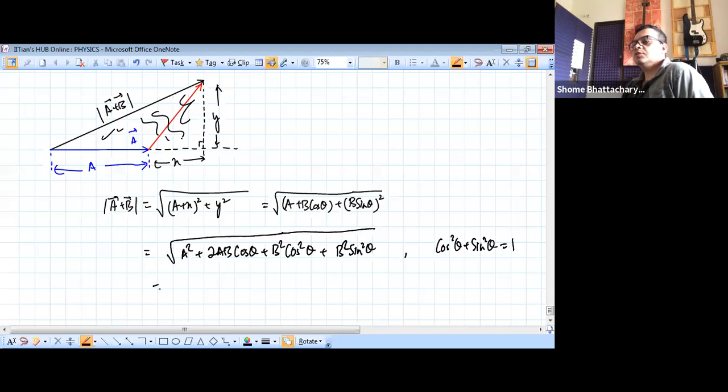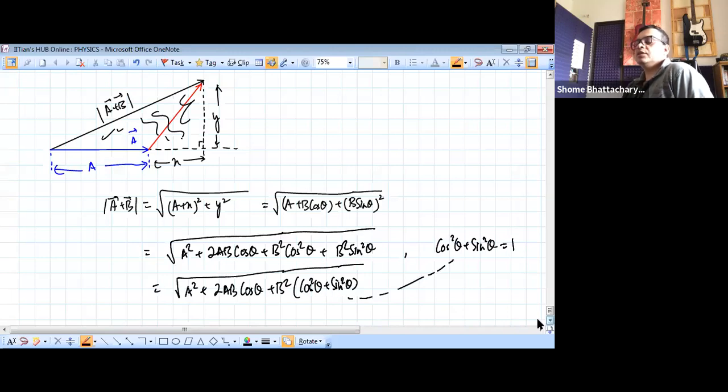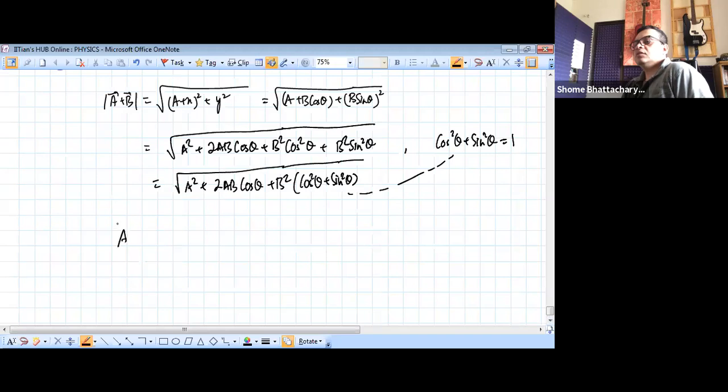So you take the b square term common, and that coefficient becomes unity, and we finally get this relationship that the magnitude of a plus b is equal to the square root of a square plus b square plus 2ab cos theta. This becomes the so-called triangle law formula.